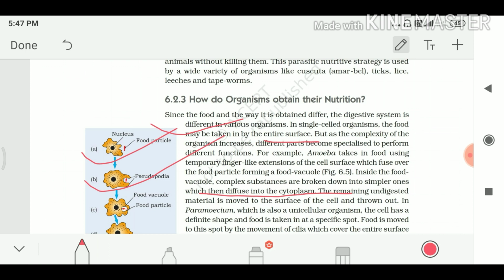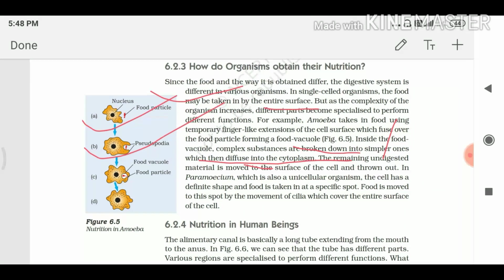Here in this line they talked about being broken down, that means digestion, and diffusion, that means absorption. The remaining undigested material is moved to the surface of the cell and thrown out. Then they directly talked about egestion, but you have to remember the step of assimilation also. Now paramecium is also a unicellular organism, and the cell has a definite shape and the food is taken in at a specific spot, that is the gullet.